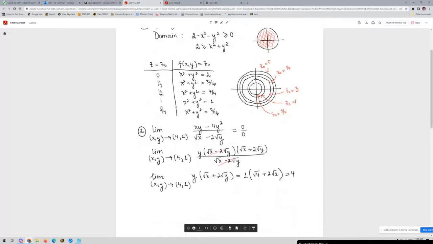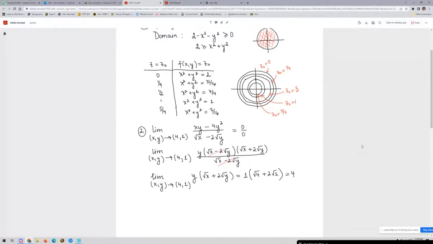Limit. Okay, this problem was to determine if the limit exists. It does. So we evaluate this expression and we get 0 over 0, okay, which is an indeterminate form. And typically in calculus 1, if we were working with a function of one variable, we would just use L'Hopital's rule, right?